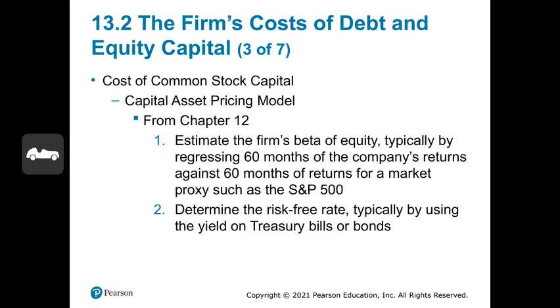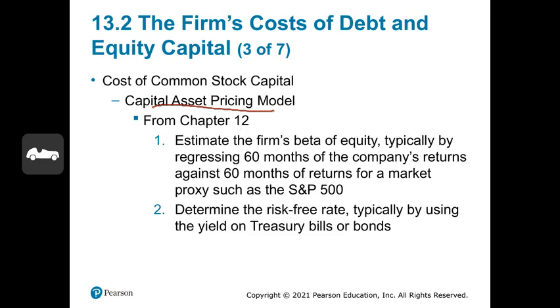So the first way we can do it, don't get caught up on chapter 12 and whether we did or did not do it. We're going to look at a pretty simple formula that is based on the capital asset pricing model, CAPM abbreviated.